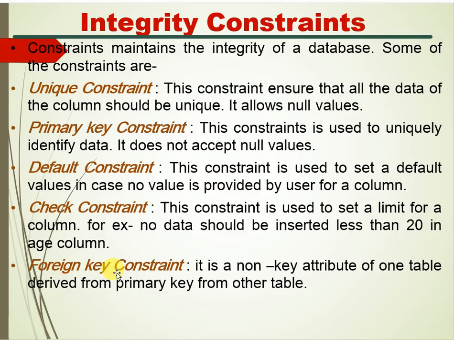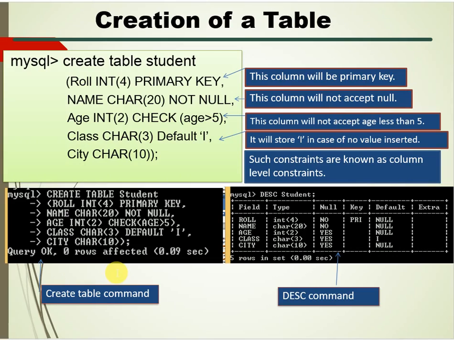Now we will move to the next thing. See the example. Create table student, roll number integer 4, primary key. This is one constraint. Name character 20, not null. This is another constraint. Then the next field is integer 2 and the check as a constraint.